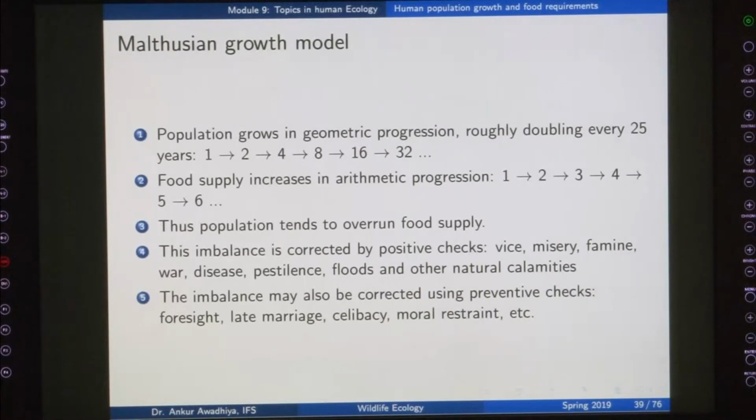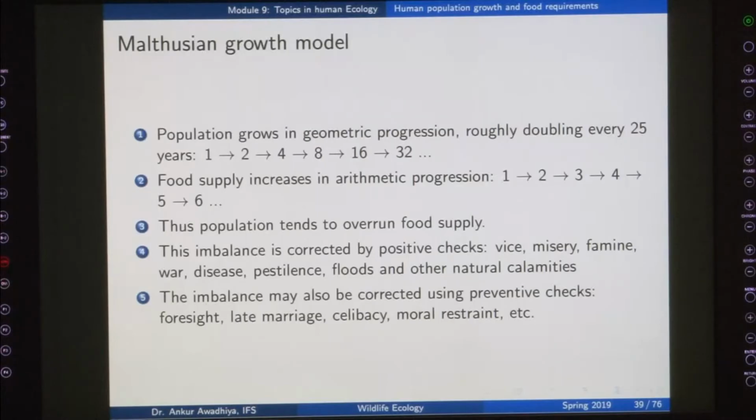So, you will have some famine, or maybe some floods, or some diseases that are going to wipe out a major portion of the population, and once that happens the population reduces to a level that can be sustained by the level of agricultural productivity.